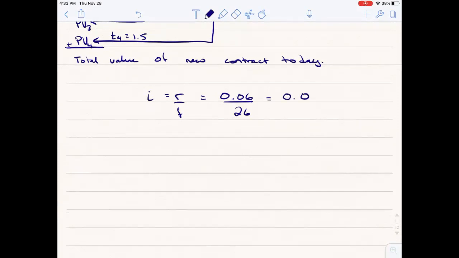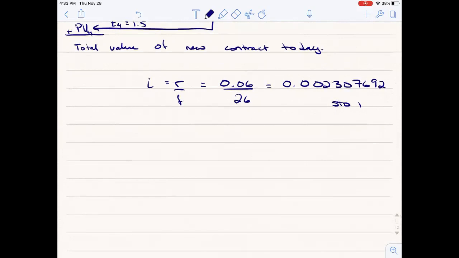I get 0.0023076692, which I'm going to make a note that I'm storing in 1. If you're going to use the shorthand and the recall, you have to tell me where you stored stuff. Otherwise, I can't just take your word for it.